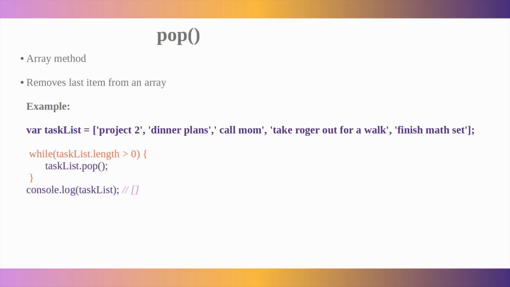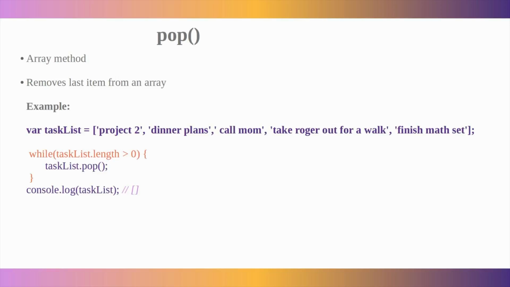Moving on, let's now talk about the pop method. If you remember from our removeMe function, the pop method removes, or pops, the last item in an array. In order to remove all the items of an array using the pop method, we use a while loop. A while loop will keep running while a condition is true. Once the condition is false, the while loop will terminate.